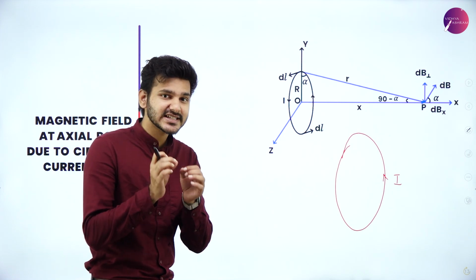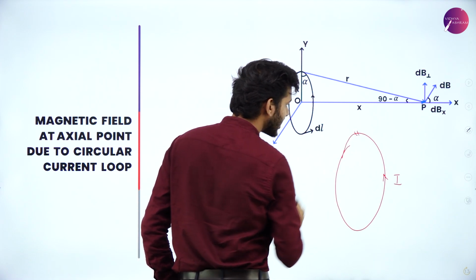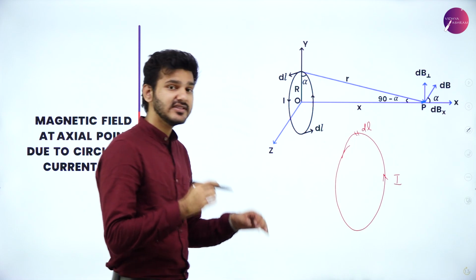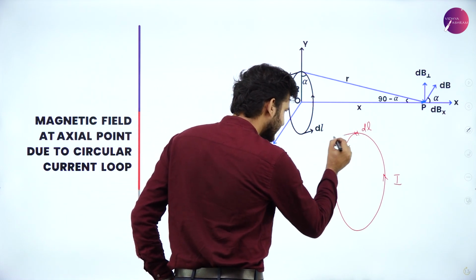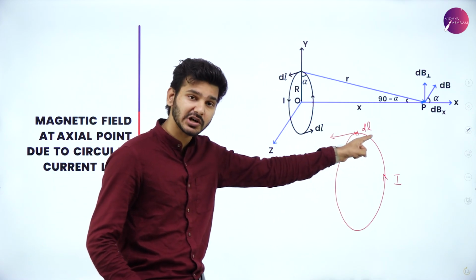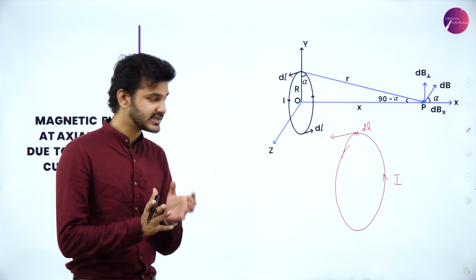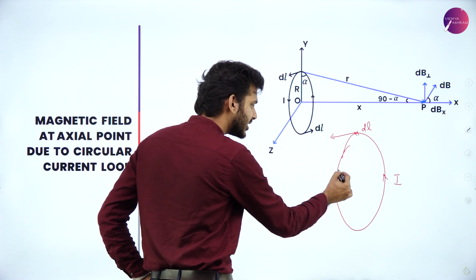If I take a small element, just like in the linear case, which is dl, and this dl is a vector quantity, let's say this is the direction or tangent indicating the direction of that particular vector dl, and current is flowing through this loop in this particular direction.